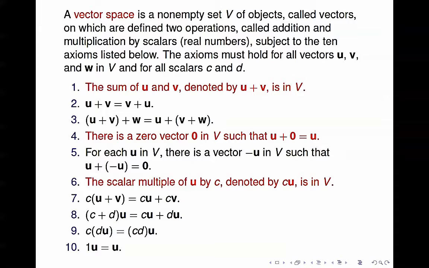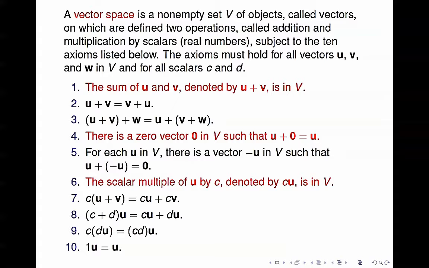Okay, so starting over, a vector space is a non-empty set V of objects on which are defined two operations called addition and multiplication by scalars, which are real numbers. Now again, this seems sort of odd, I would think, because instead of saying two operations, addition and multiplication by scalars, he's saying there's two operations called addition and multiplication by scalars, which is kind of an odd way to phrase it.